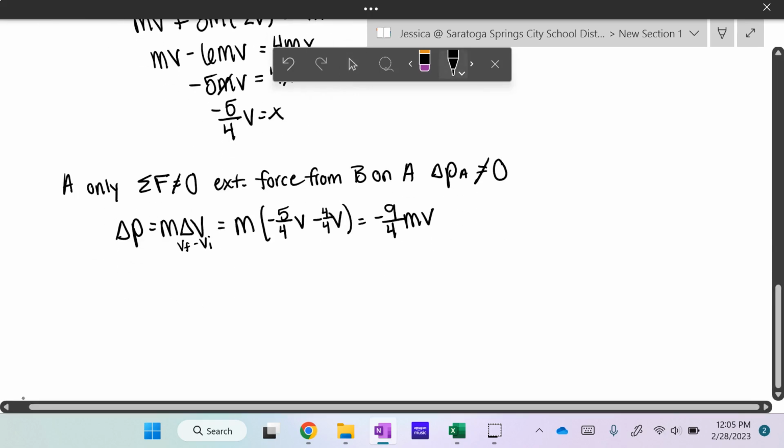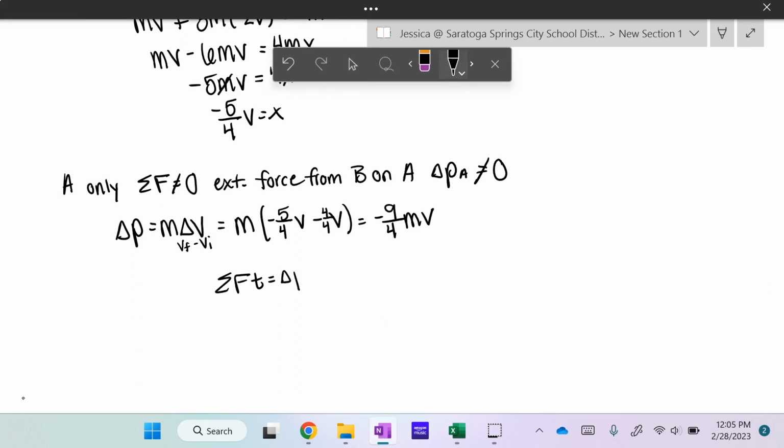Now I could take that change in momentum and set it equal to a force times time, right? Negative 9/4 mv.